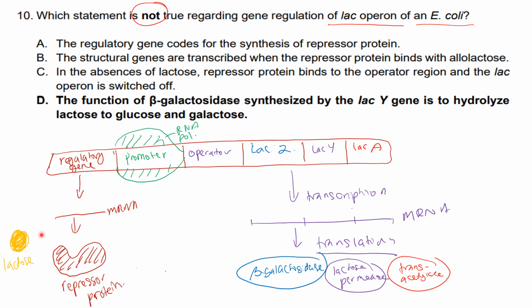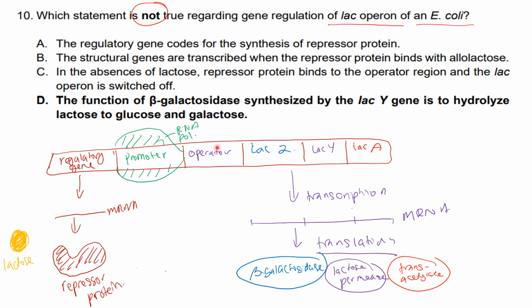In the presence of lactose, some of the lactose that enters into the bacterial cell will get converted into its isomer, which is allolactose. Allolactose then binds to the repressor protein and causes the repressor protein to change shape. This is in the presence of lactose. So it changes shape and it cannot bind to the operator.